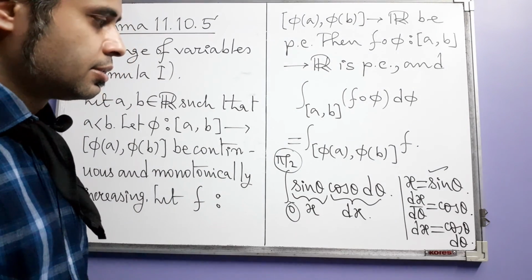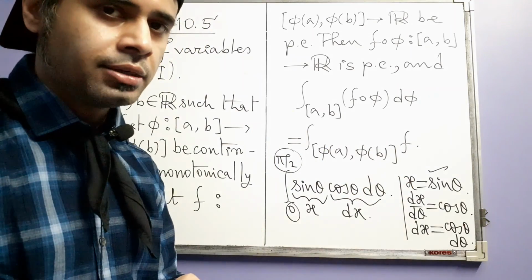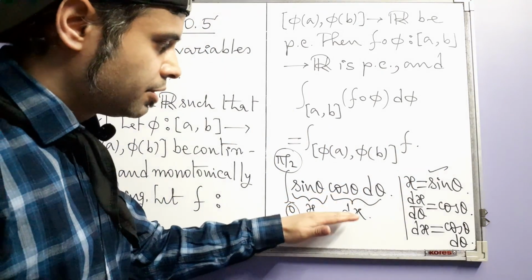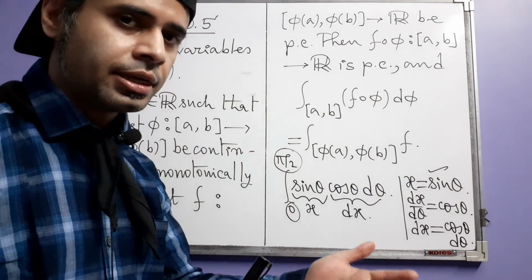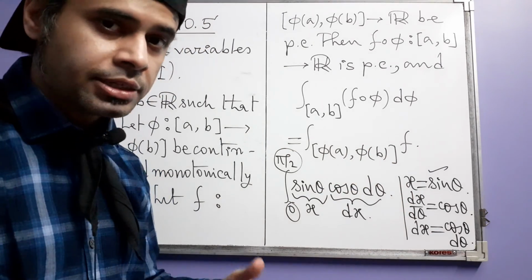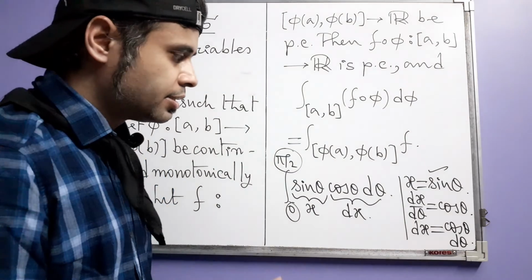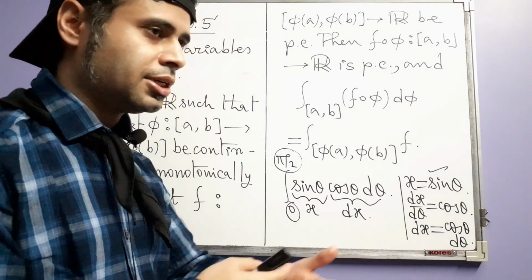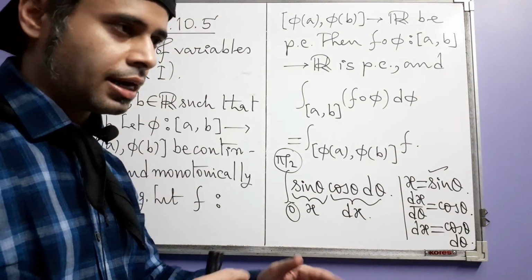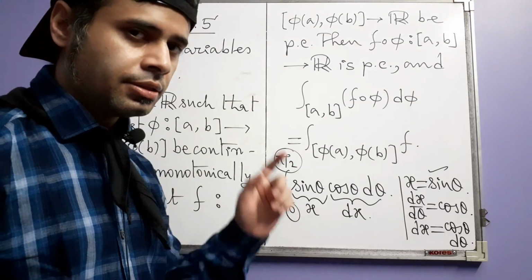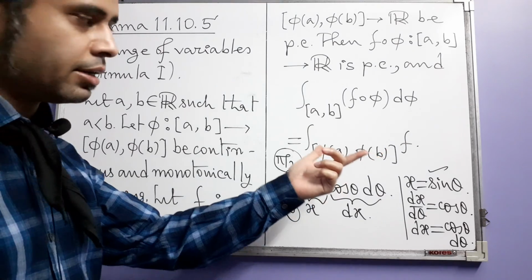The question is, what permits you to consider a new variable and then you simplify the integral and calculate some value and declare that that value should be the answer? What is the justification for this? If someone challenges you that no, this actually is giving you something else, it's not giving you the answer that you are supposed to get, then how will you answer that challenge? That will be answered by these results, by the final result, actually the third one.